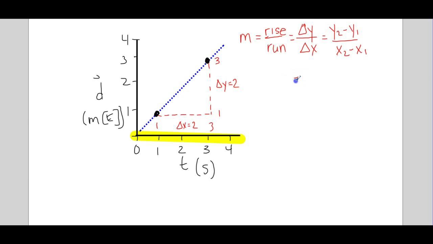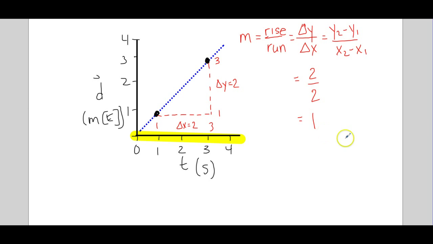And so if we plug that in, we end up with 2 over 2, and that equals 1. And so it's saying our slope is 1, which means for every 1 unit we move horizontally, we also move 1 unit vertically. 1 horizontally, 1 vertically. And if it were steeper, then this number would be larger, and if it was less steep, this number would be smaller.